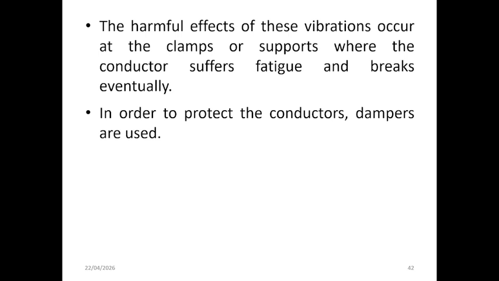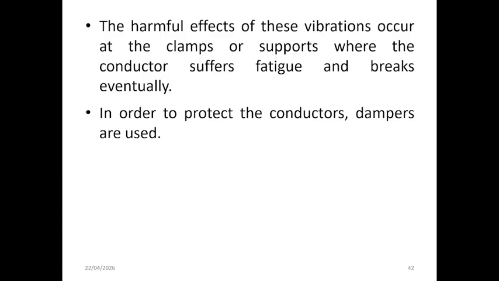Okay, this slide also explains the damaging effects of conductor vibration and protective measures used in transmission line design. While small oscillations along the span may appear harmless, the most serious damage occurs at the points where the conductor is fixed, such as clamps and supports.